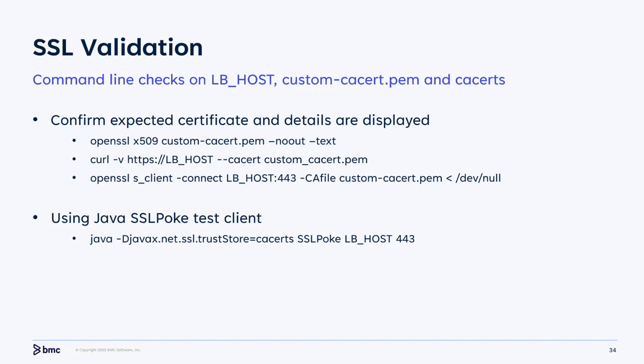So you can use OpenSSL to actually work with the PEM file itself. Once you've got the certificate configured on your environment, you can use curl with a CA cert option to tell it which PEM file to use, which certificate file to use, or you can use OpenSSL to connect. And with those commands, what you're looking for is that you're not seeing any errors.